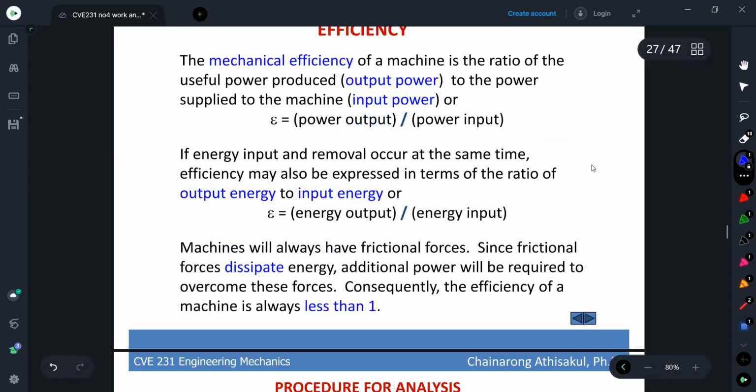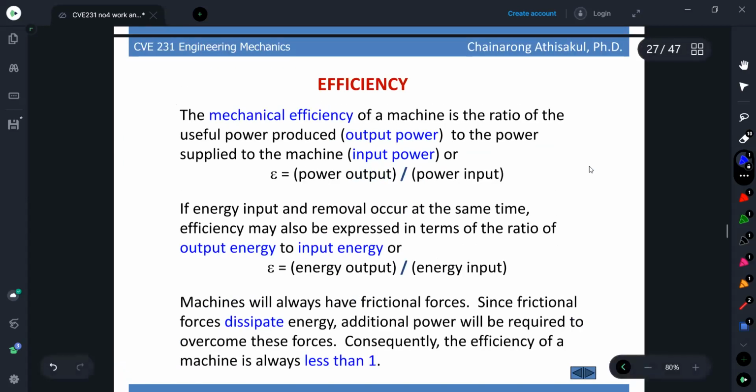The mechanical efficiency of a machine is the ratio of the useful power produced to the power supplied to the machine. We can write the equation like this: the efficiency, represented by epsilon, is equal to the power output, that is the useful power produced, divided by the supply power, that is the input power supplied to the machine.